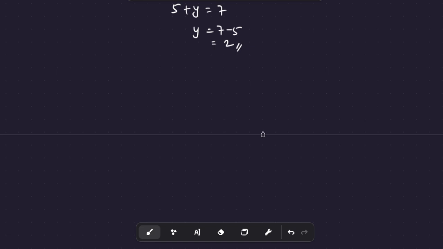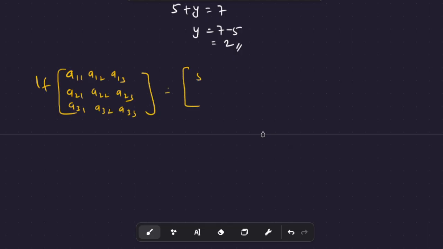Now similarly, the next question is: if the matrix with a11, a12, a13, a21, a22, a23, a31, a32, a33 equals the matrix 5, 4, 3, 0, 1, 2, minus 1, minus 2, minus 3, find A11, A12, A13, all.